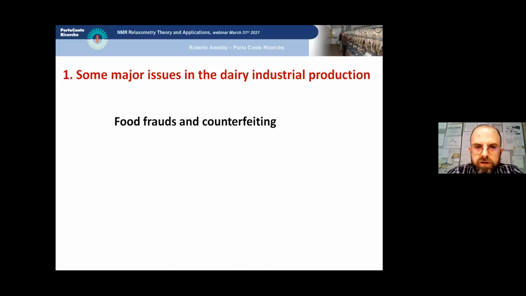Moreover, they need to finely check production parameters. Maybe they need to find new ones also. This is what we are proposing today for people involved in the dairy industry. So they need to find new process controls and to optimize cheese making processes.